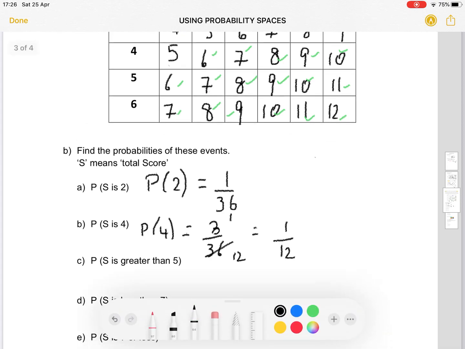So we write it down, the probability of greater than 5 is equal to 26 on 36. Remember that it can be cancelled with 2, so it becomes 13 all over 18.